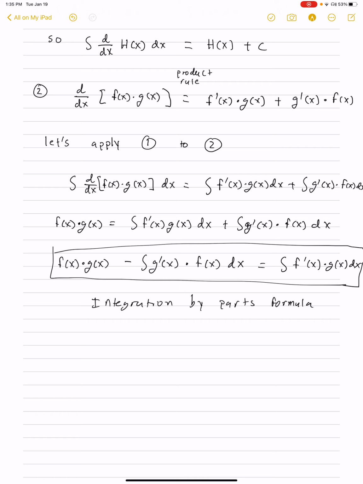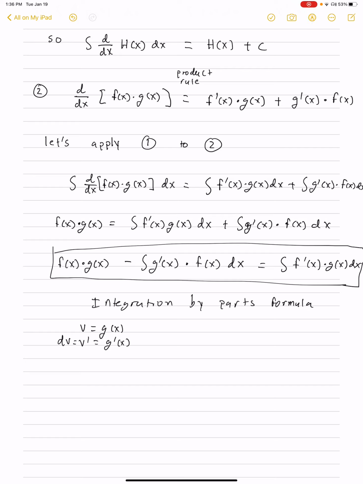And some people often write this with u's and v's. So if you wanted to write it in terms of u and v, v would be equal to g of x, so v prime is equal to g prime of x. People often also write this as dv.